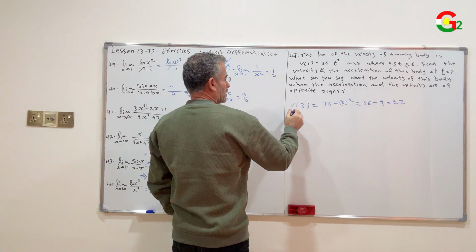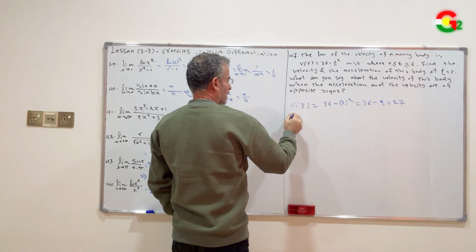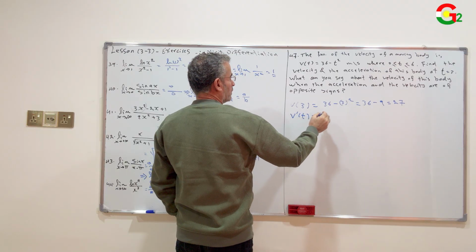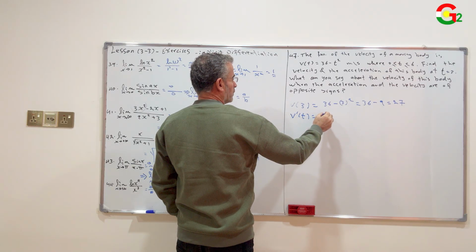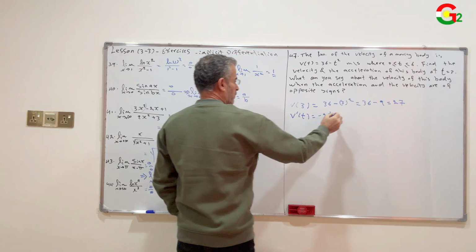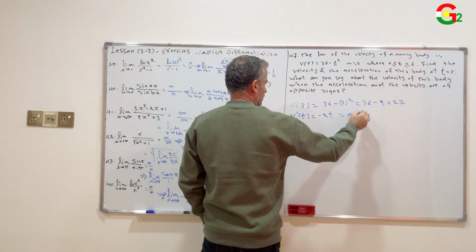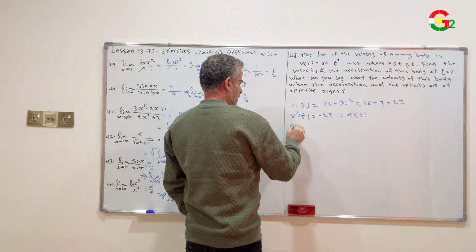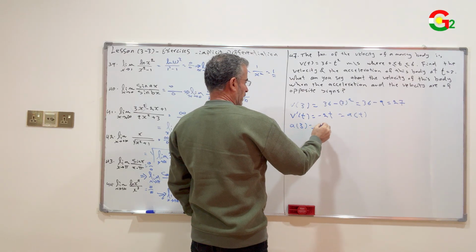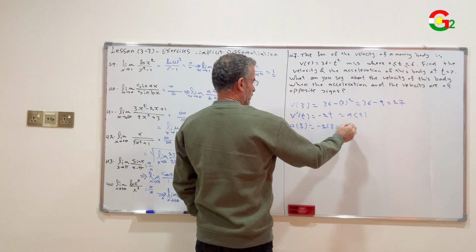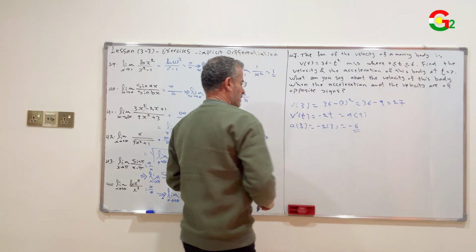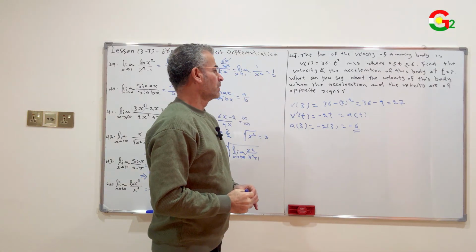To find the acceleration, differentiate the velocity function, then v prime of t with respect to t, it's negative 2t equal to the acceleration function. Then a of 3 equal to negative 2 times 3 equal to negative 6. This is the acceleration of this body at t equal 3.